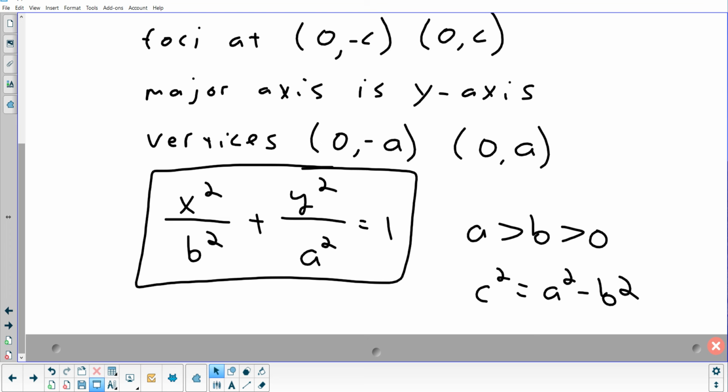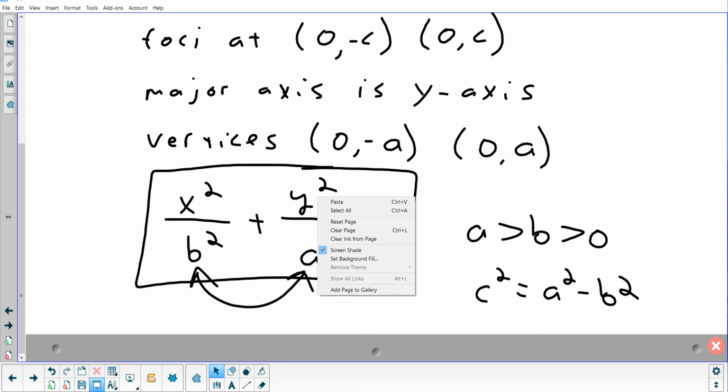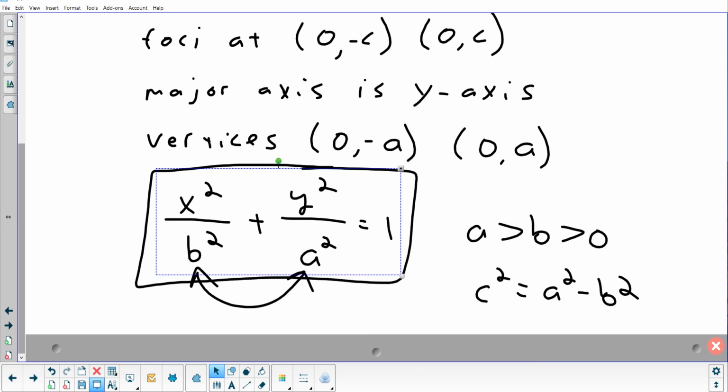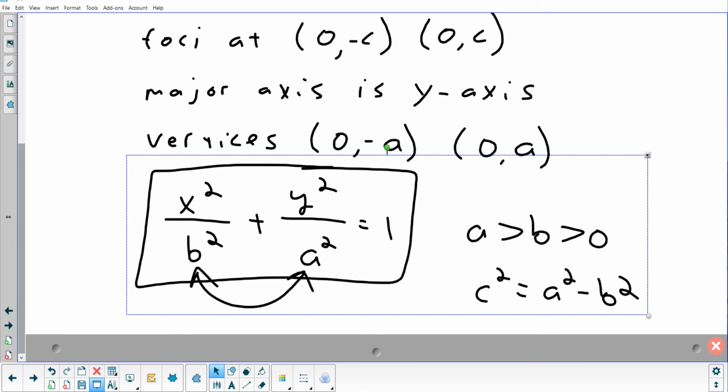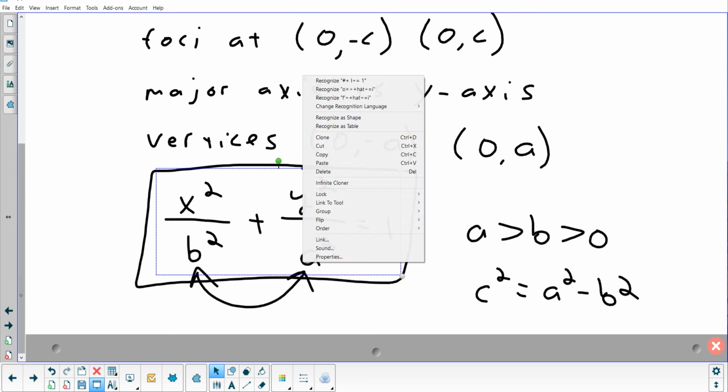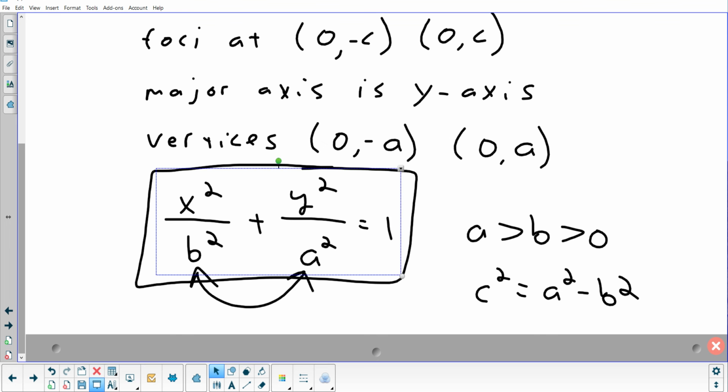Right. These are the only 2 things that can switch places today. The first numerator is always x squared. The second one is always y squared. It's always equal to 1. A is always bigger than B, and this formula is always true. The difference in switching the A and the B controls which way the ellipse goes. A is always the bigger number. If you put A under y, that causes the ellipse to look like this.